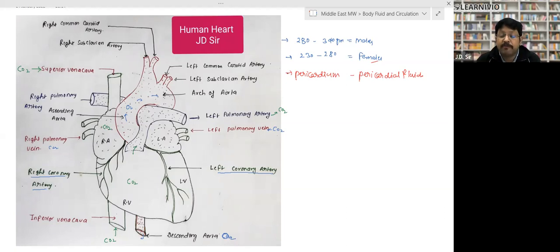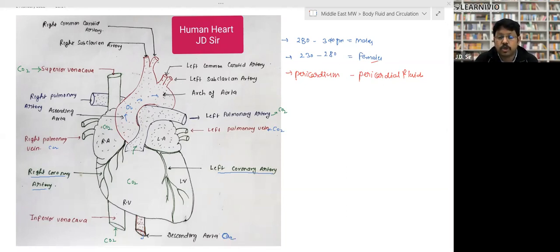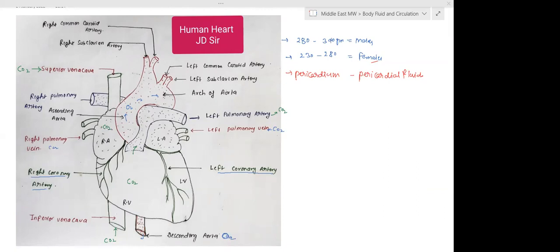The superior vena cava and inferior vena cava open into the right atrium.